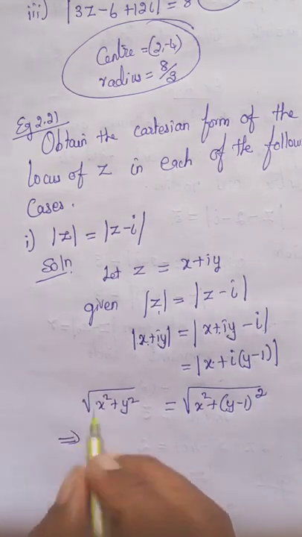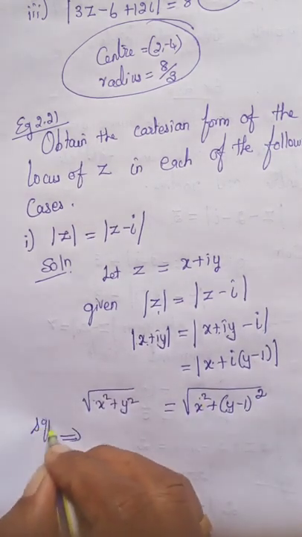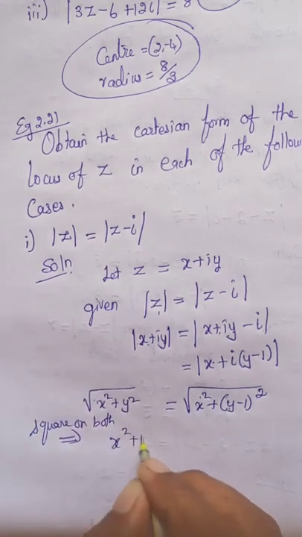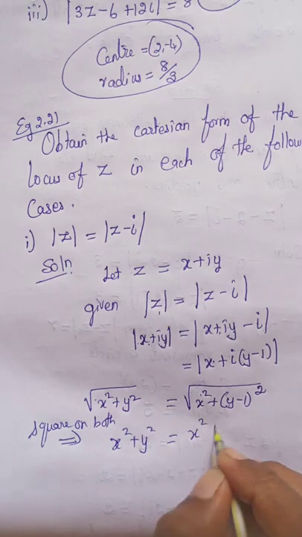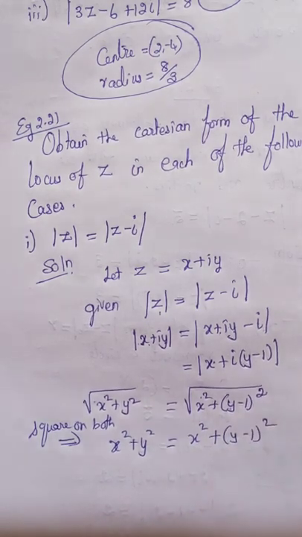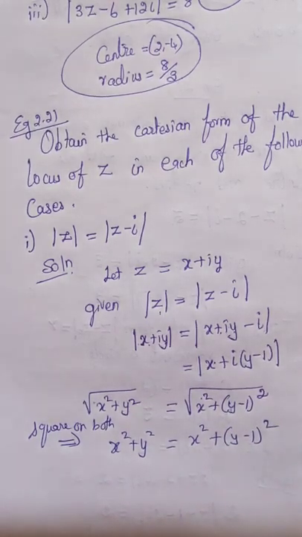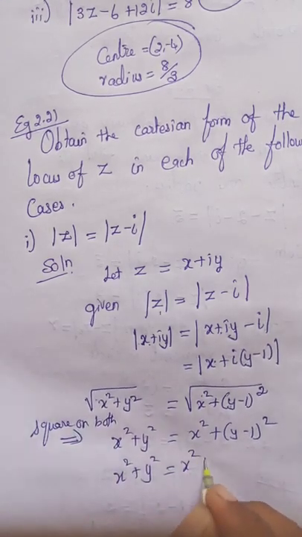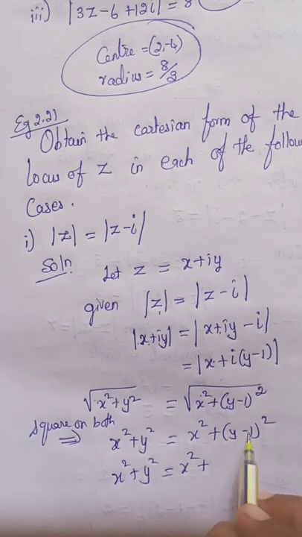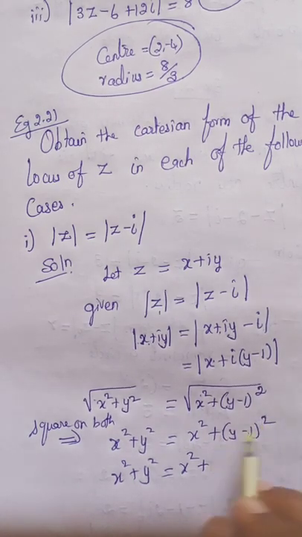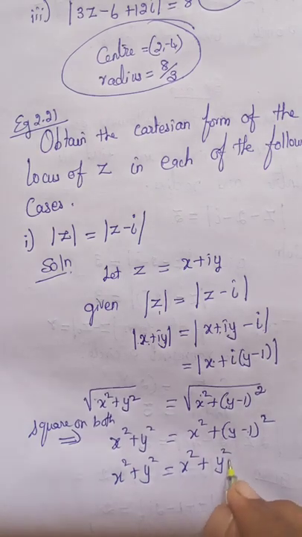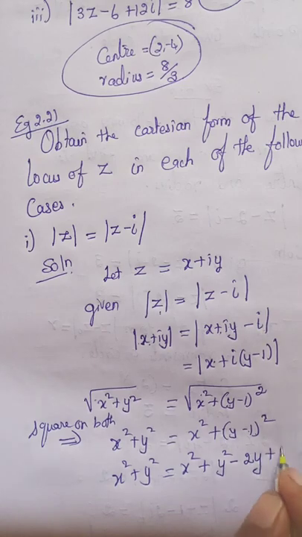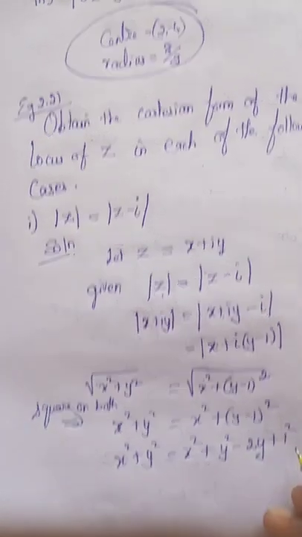Which implies, when we square on both sides, what happens? x square plus y square equal to x square plus (y minus 1) the whole square. Now we have to simplify and write the answer. See, x square plus y square equal to x square plus, this is of the form (a minus b) the whole square, so a square, y square, minus 2ab, 2 into y into 1, 2y, plus b square, 1 square.